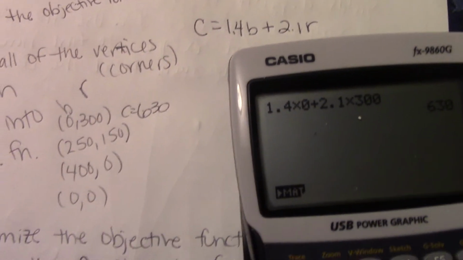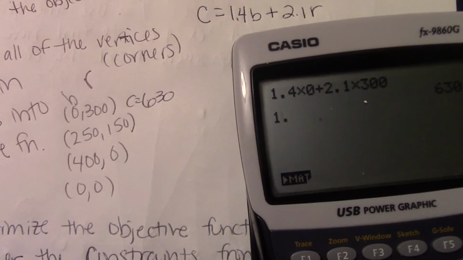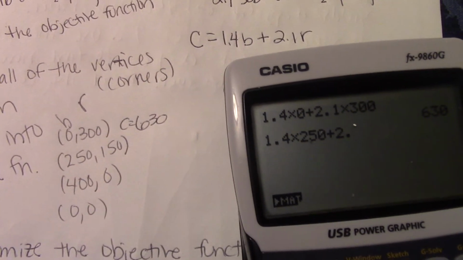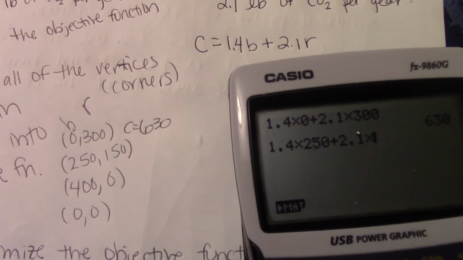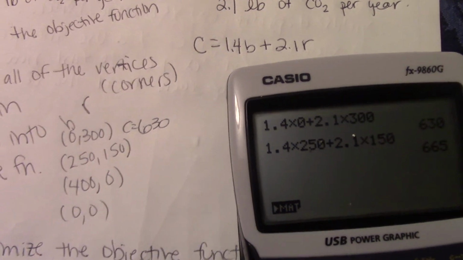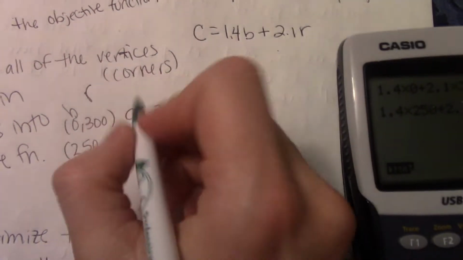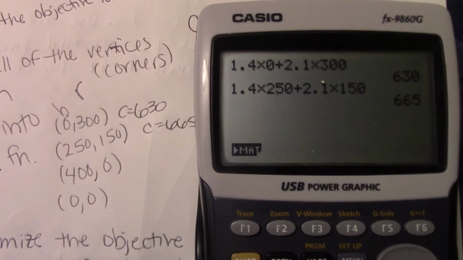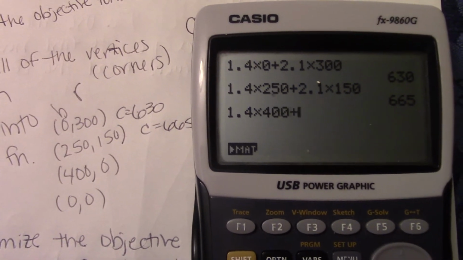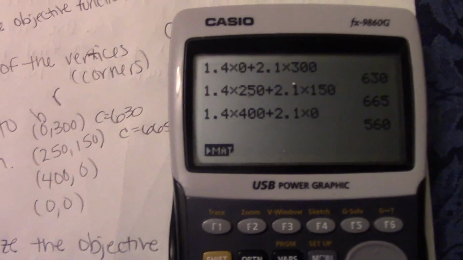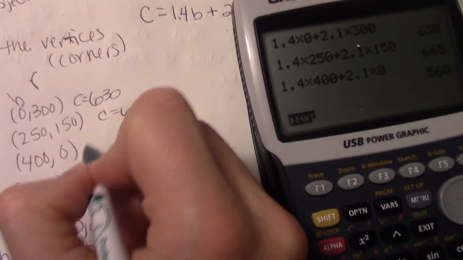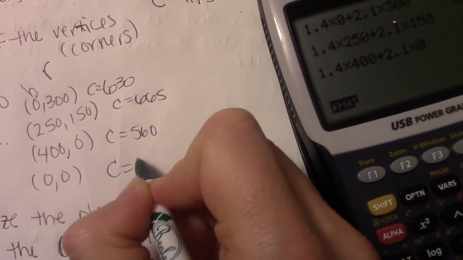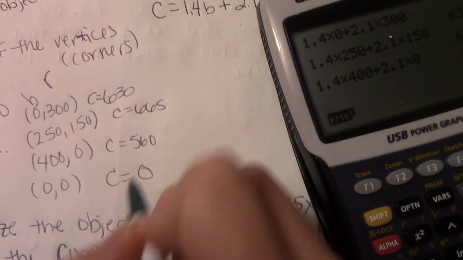I'm going to do the same thing for all these. So 1.4 times 250 plus 2.1 times 150, I get 665. 1.4 times 400 plus 2.1 times 0, 560. This one's super easy: anything times 0 plus anything times 0 is 0.